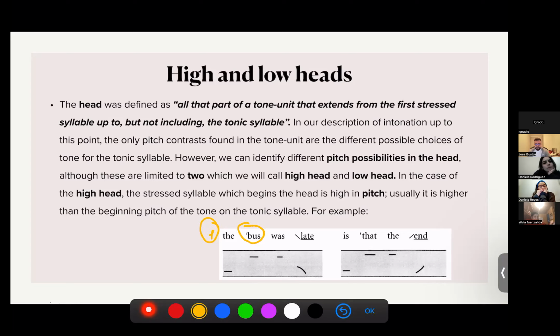So when we call it high head, it means the stressed syllable which begins the head is high. In example 1, the syllable "bus" is the stressed syllable which begins the tone unit, so "bus" is going to be the high head. Is that clear?